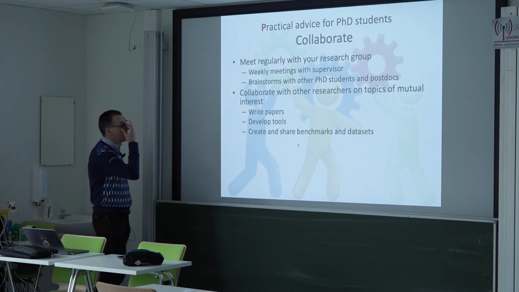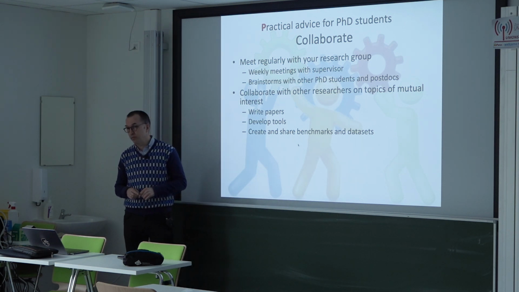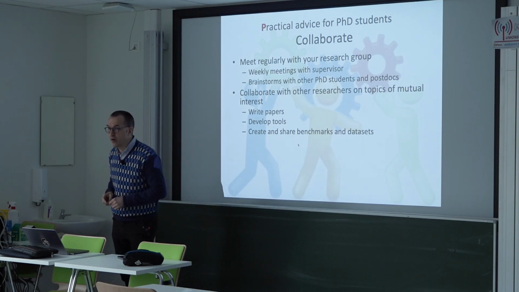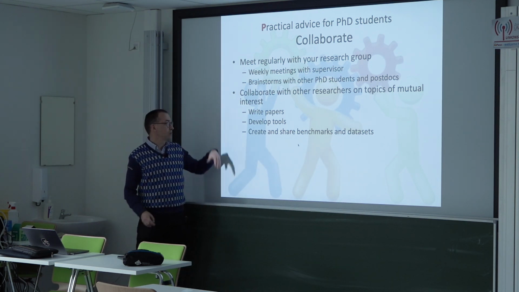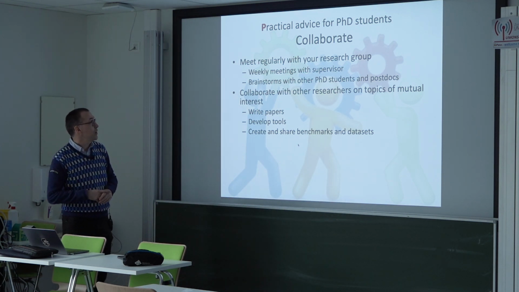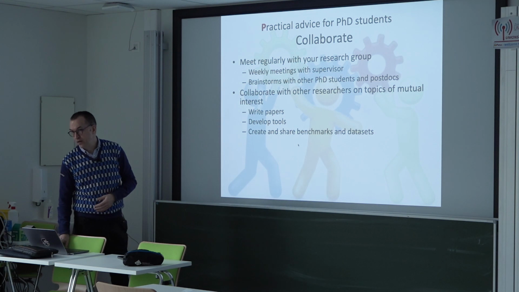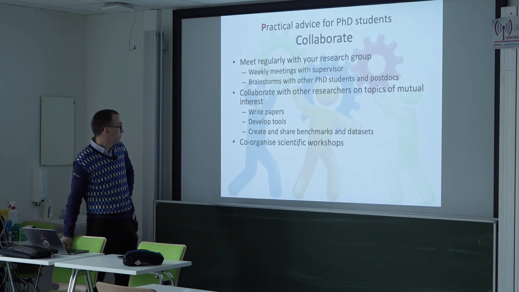And then every opportunity to have collaboration, to talk with other people might be an opportunity for collaborating with them. Write joint papers together, develop some joint tools, create benchmarks and data sets together. Try to seize the opportunity of collaborating if it's possible and if it fits, of course, within your research domain.